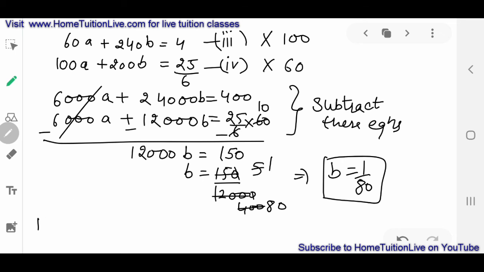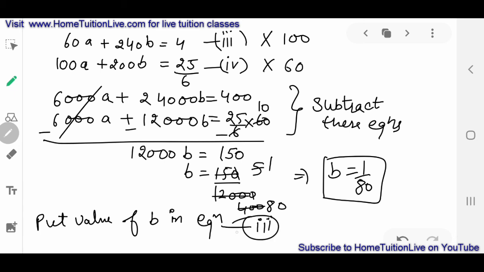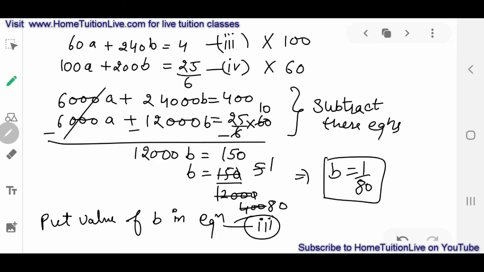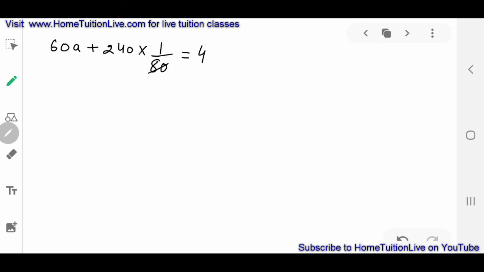Now put the value of b in equation 3. That is 60a plus 240 into 1 upon 80 equals 4.